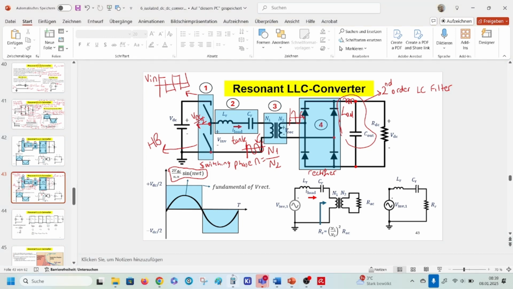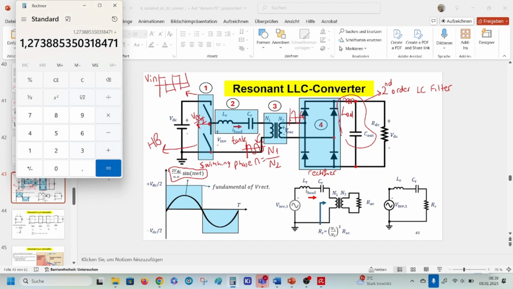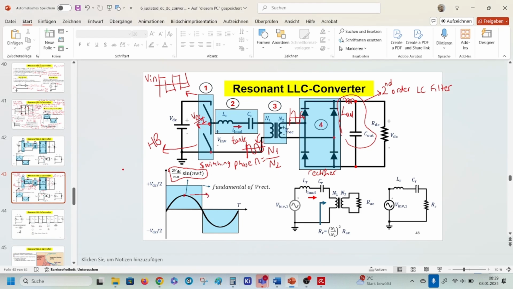And this would be if I use first harmonic approximation.